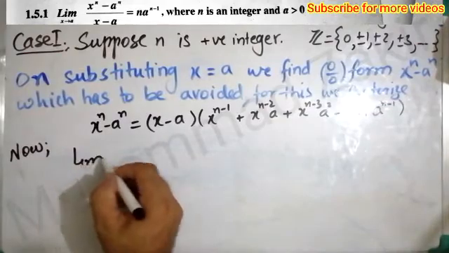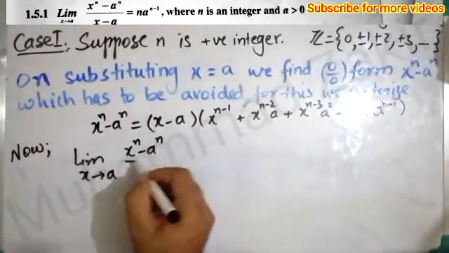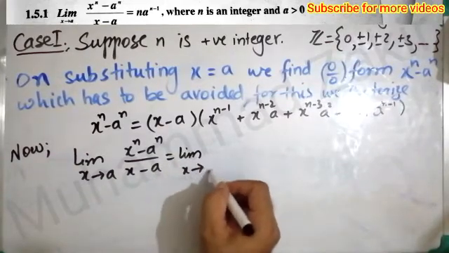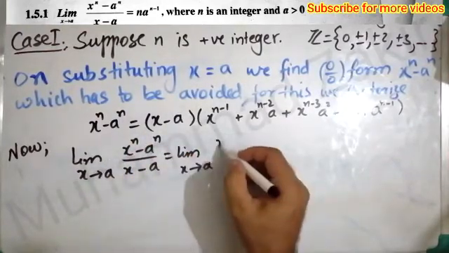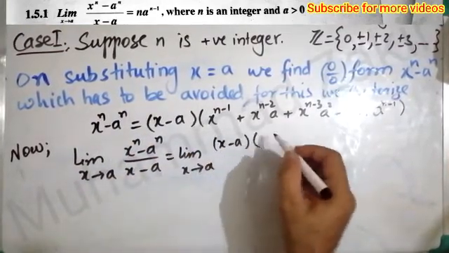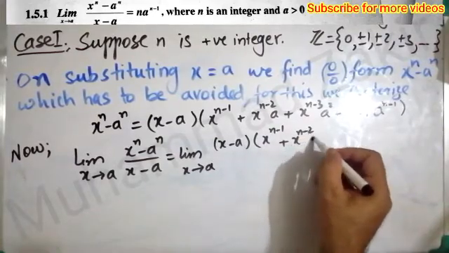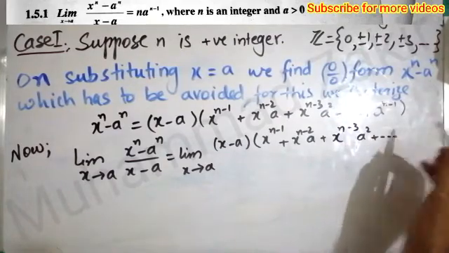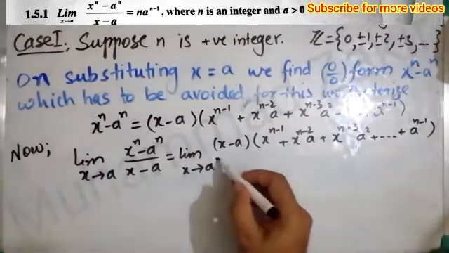We write it: limit x approaches a, (x^n minus a^n) by (x minus a). In the next step, we write the numerator factorized. What is its factorized form? x minus a times (x^(n-1) plus x^(n-2)a plus x^(n-3)a^2, and so on, up to a^(n-1)), divided by x minus a.